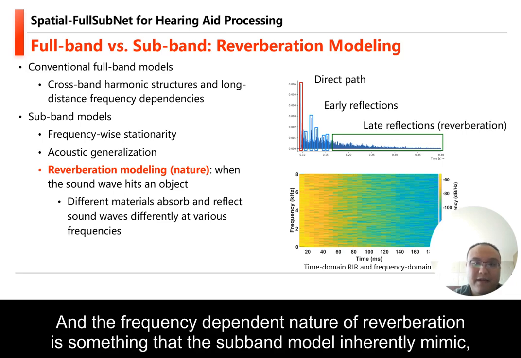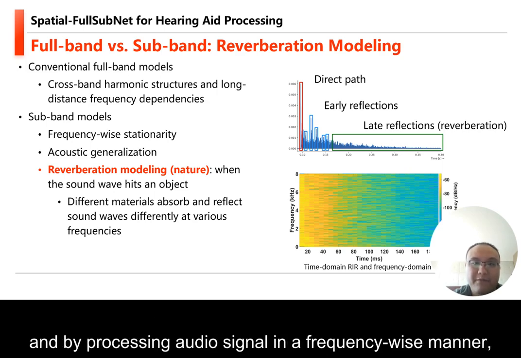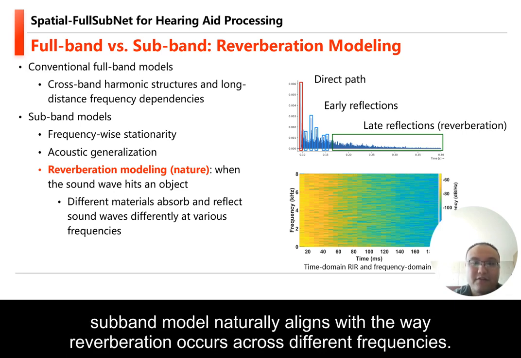The frequency-dependent nature of reverberation is something that subband models inherently mimic. By processing the audio signal in a frequency-wise manner, subband models naturally align with the way reverberation behaves across different frequencies.